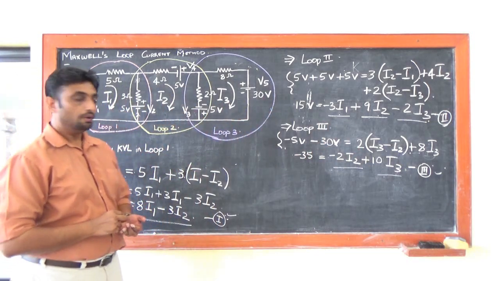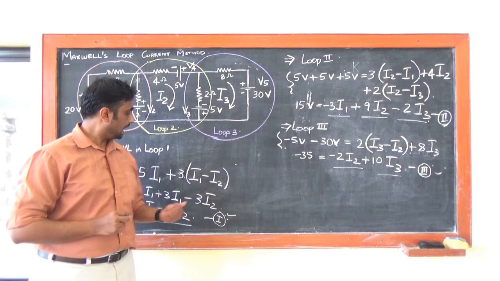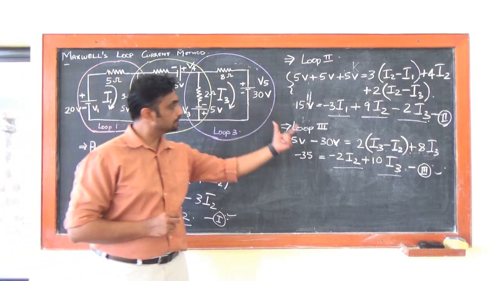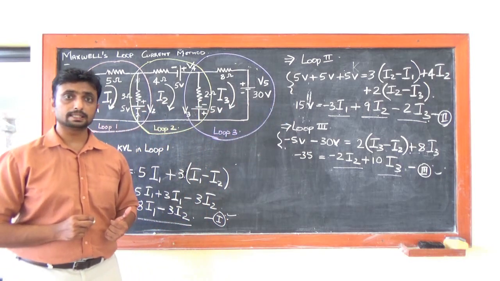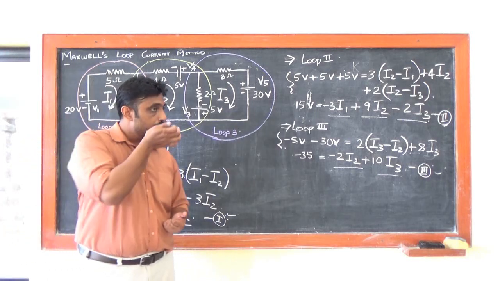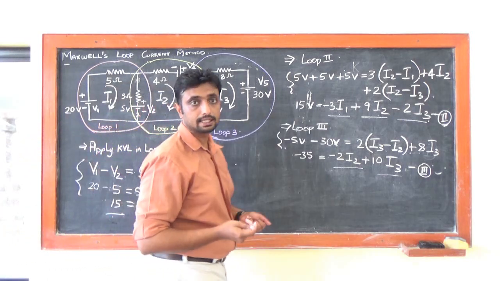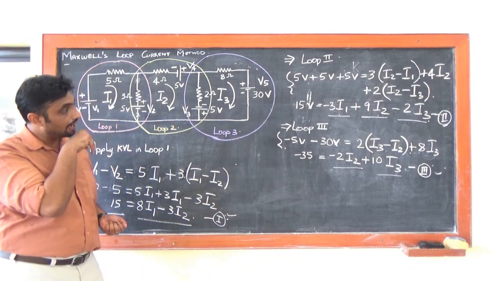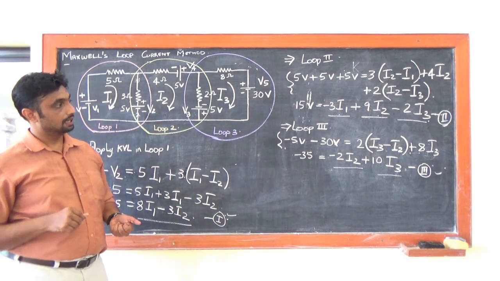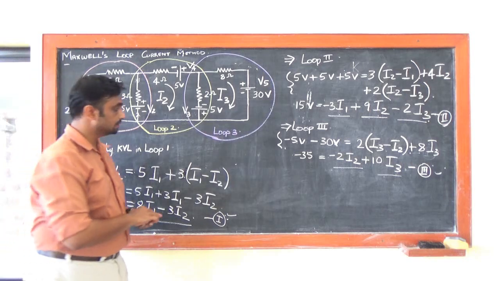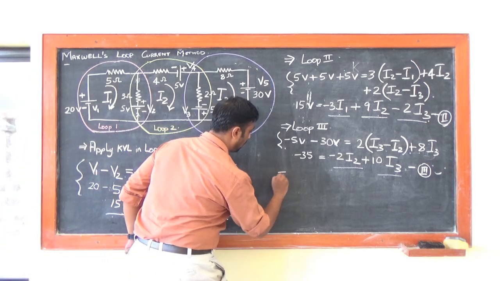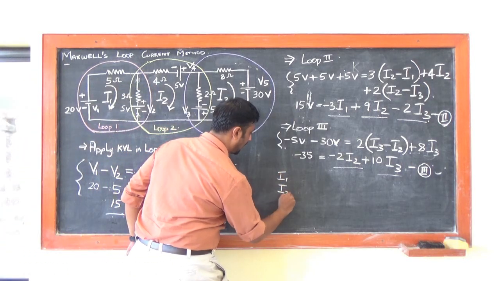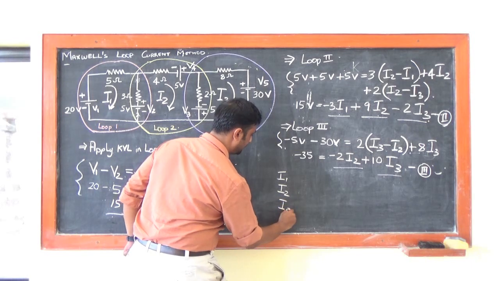Now we can use our calculator and substitute these values using the equation mode. Using Casio FX 991 ES, you can directly input the values of these three equations in three simultaneous equation mode and get the values of I1, I2 and I3.